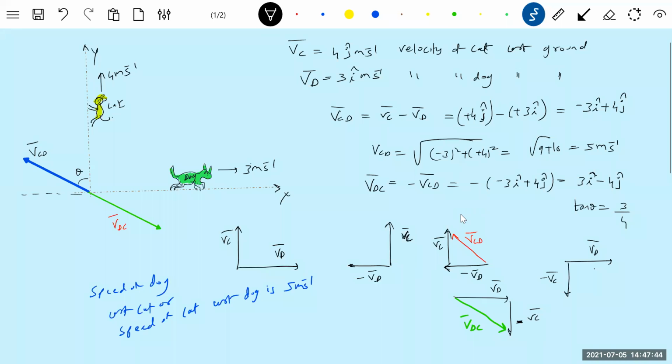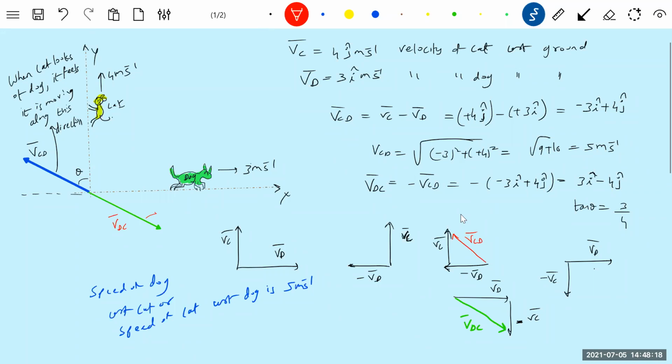When the cat looks at the dog, it feels it is moving along VCD bar, along this direction. I think these comments are very important. We are able to put the meaning here.